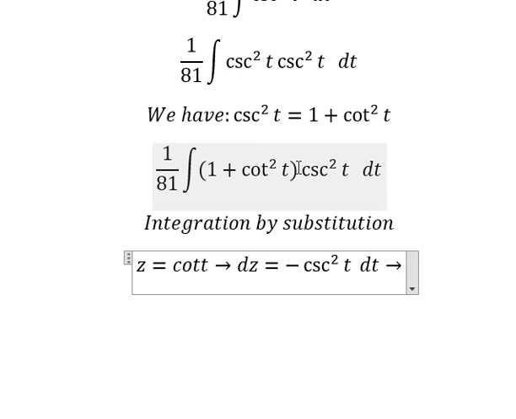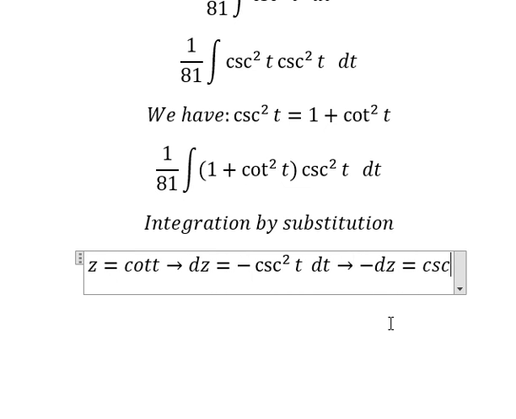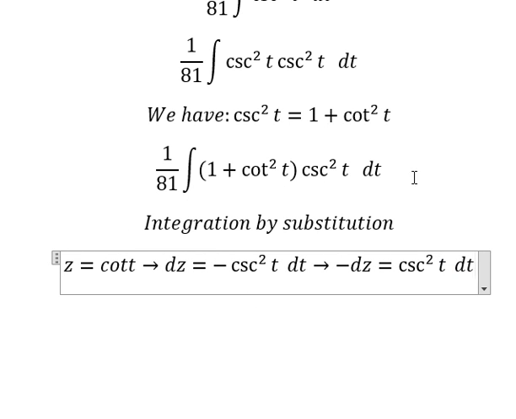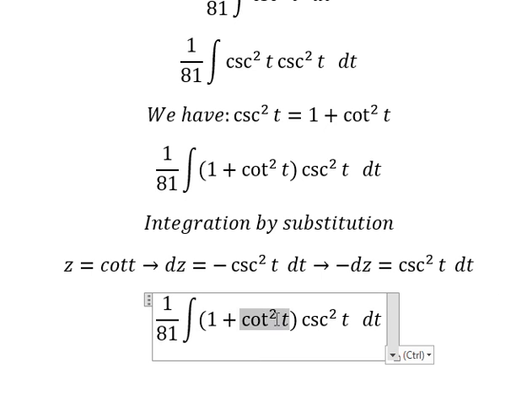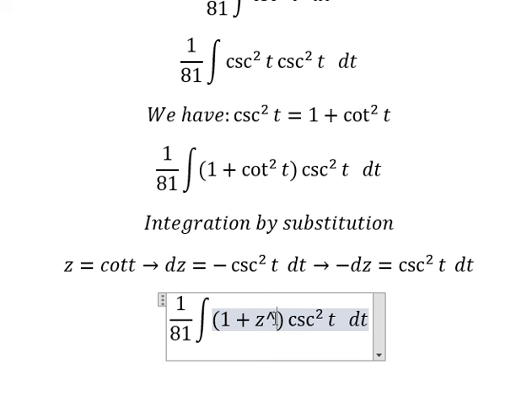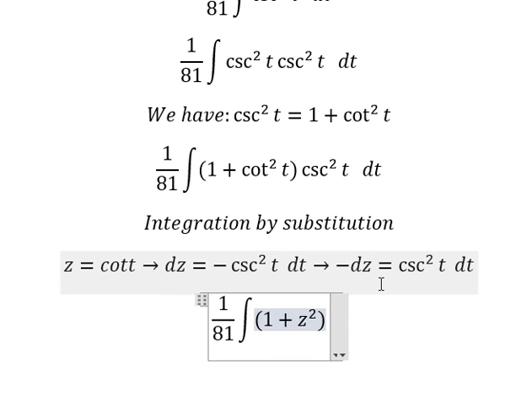Because we don't have the negative sign in here, I will move the negative to the left. This one we change by z, and we have z squared. This one we change by negative dz.